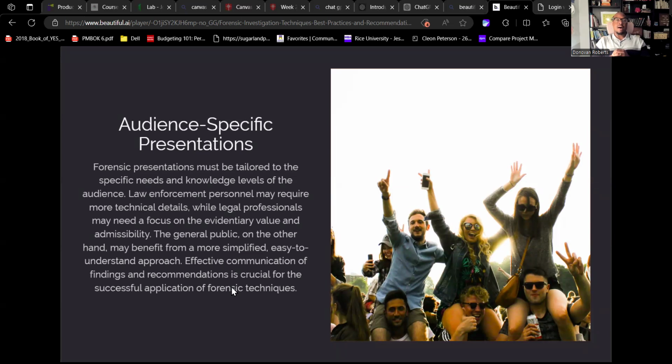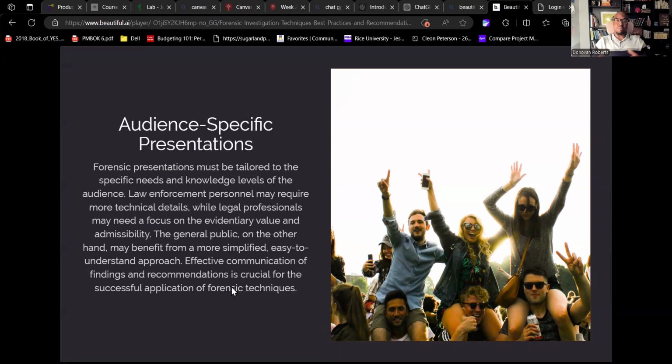Also, one of the end marks, outside of just the investigation, is that a lot of these digital forensic investigators have to take the stand, and like I mentioned before, need to be able to speak fluently, in a way that non-forensic, non-tech people can understand what they've done, how they've done it, why it's important, and what story it's telling.